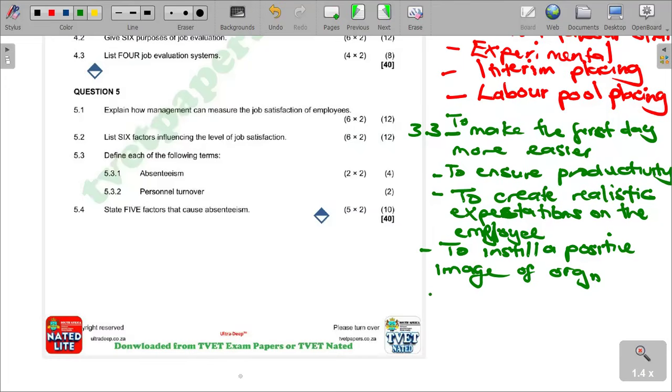And lastly, they want to eliminate accidents and wastage.